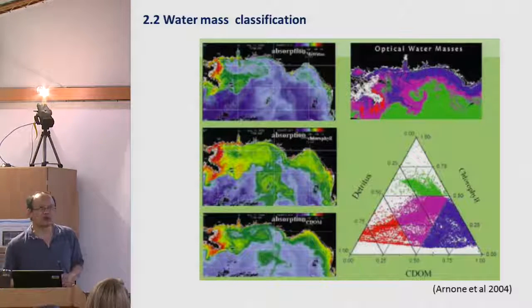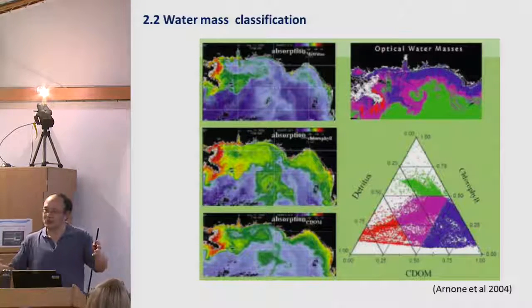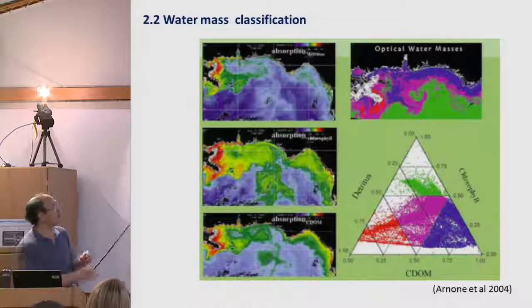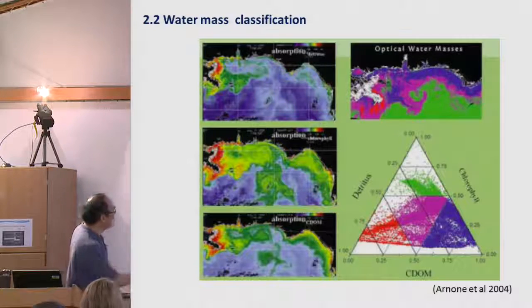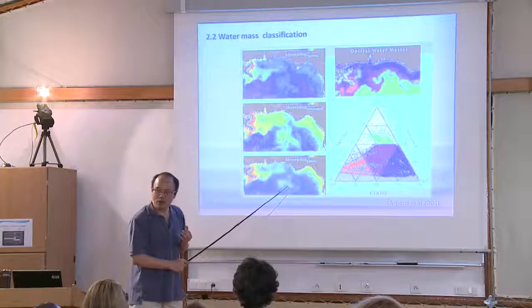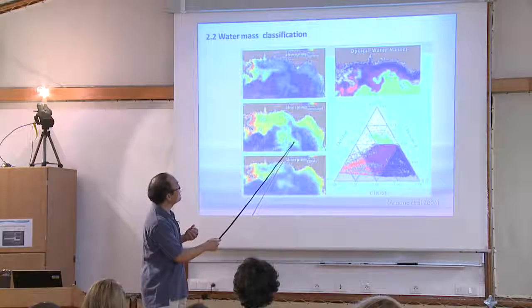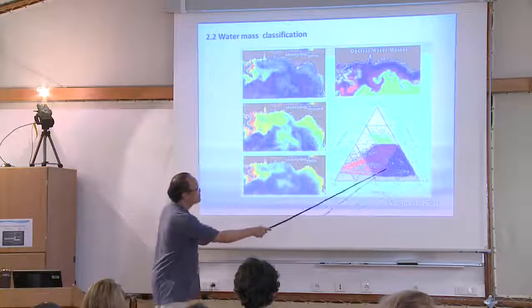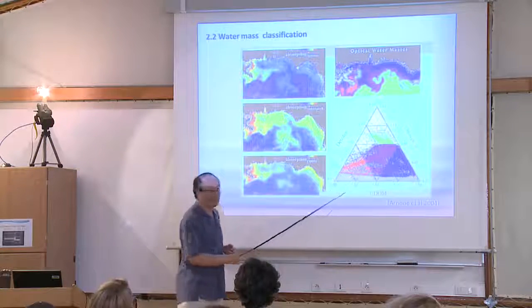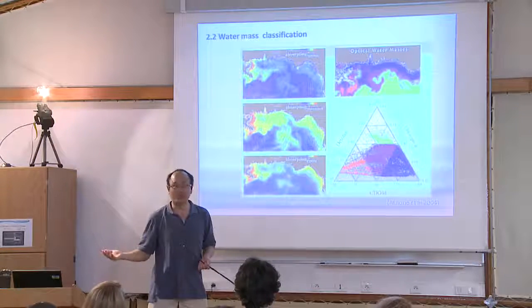For the various waters, we all want to group them into different classes. There are many ways to do it. Here's one way. For this area, some of them may be dominated by sediment absorption, some by phytoplankton absorption, and some by suspended sediments. How do you know?